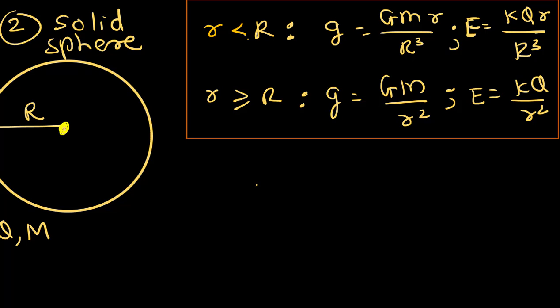The only thing we will note is that you can see over here the gravitational field is directly proportional to small r. Please note G, capital M and R are all constants. Here also electric field is proportional to r. K, Q and R cube are constants. That means as we keep on going away from the center, as small r increases, the gravitational field and the electric field keep on increasing.